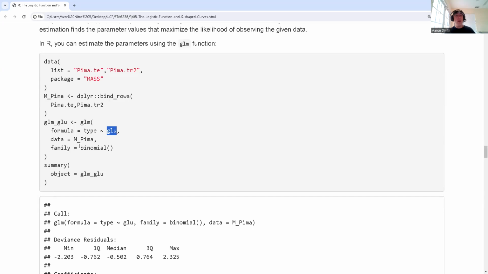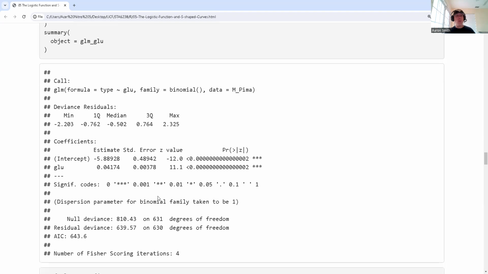Now for the GLM function, I specify the formula, I specify the data that the values are coming from, and I have to specify that I'm using the binomial distribution. All right, and so then we get our results. So for the slope, here is my estimated slope of 0.04.